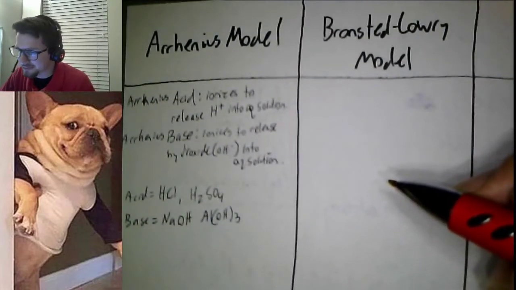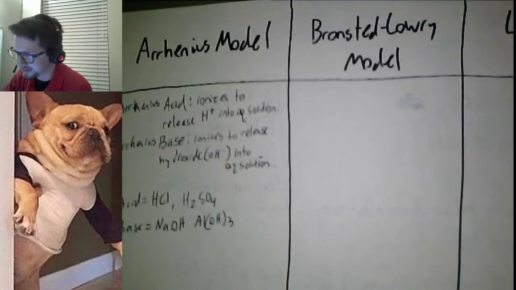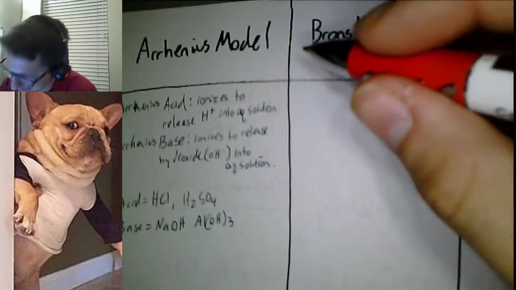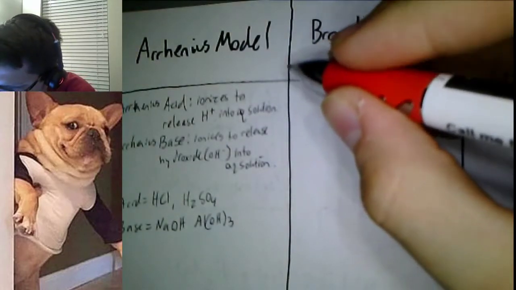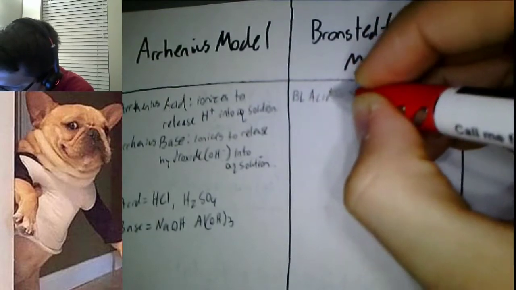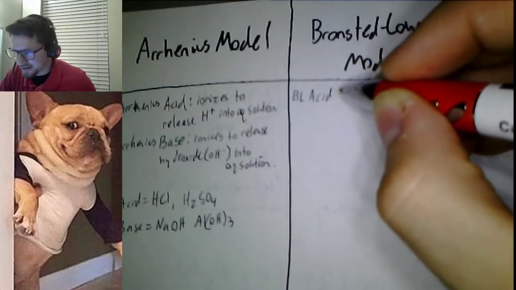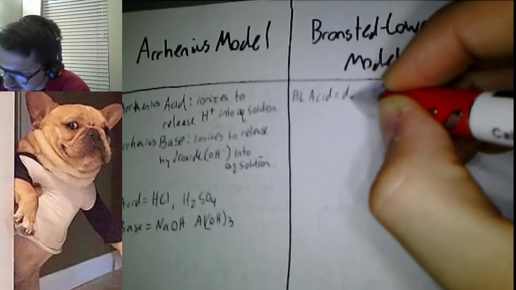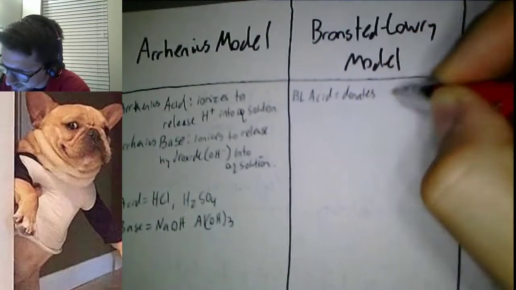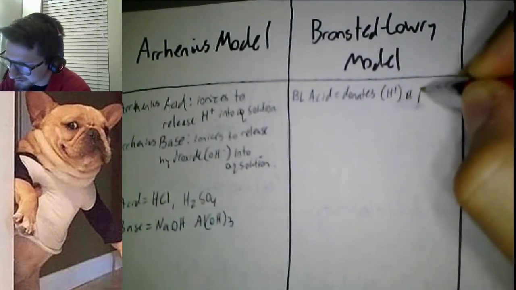The Bronsted-Lowry model. So in the Bronsted-Lowry model, this is where we start getting a little interesting. I'm going to call it a BL, a Bronsted-Lowry acid is one that donates a hydrogen, which is also just a proton.